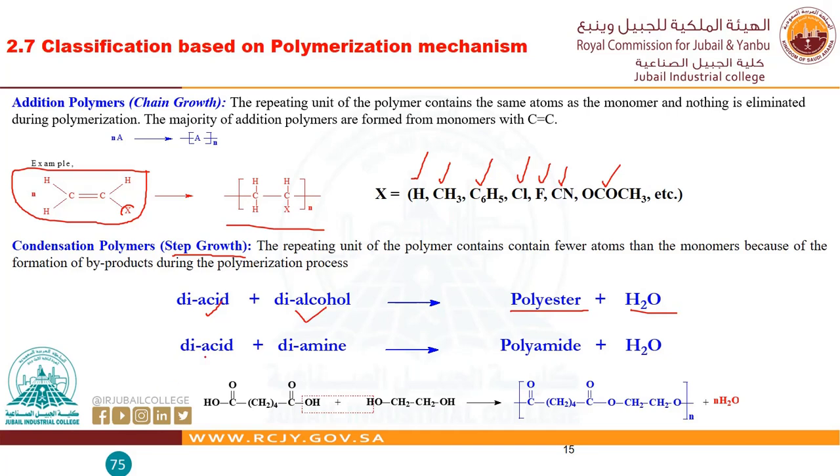Or sometimes you have a diacid or acid chloride like sebacoyl chloride and a diamine like hexamethylene diamine that will give you nylon, and this is called polyamide. And if it is sebacoyl chloride, you end up with HCl as your byproduct. Now the HCl affects the polymerization reaction.